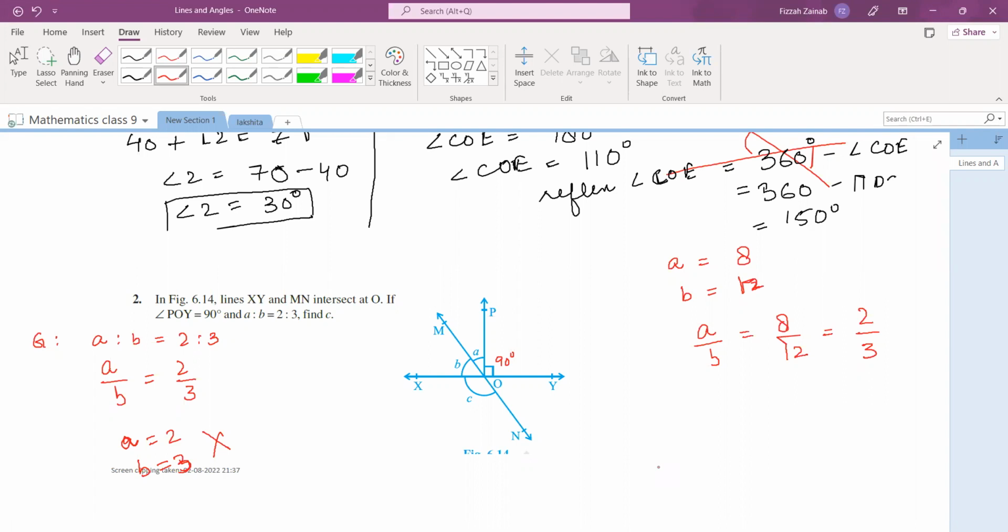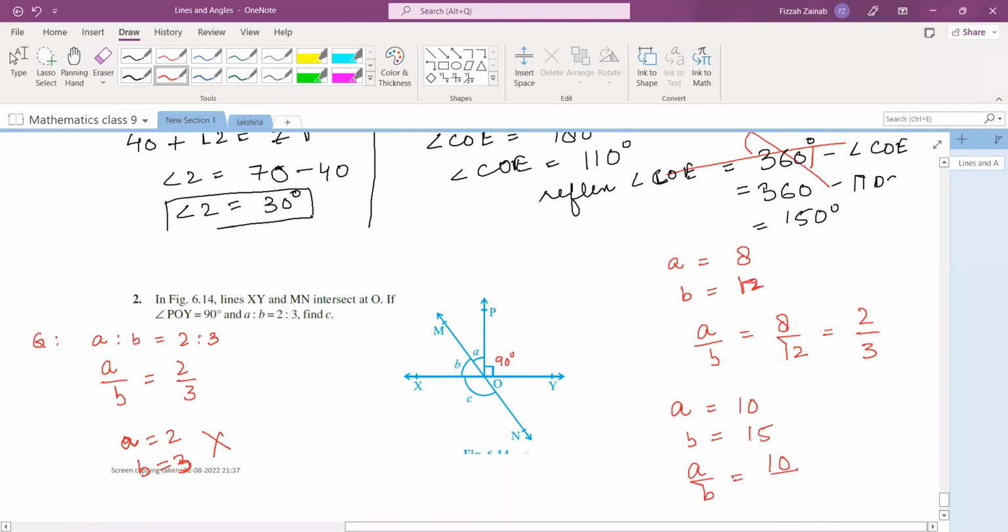So how can I say that A is 2 and B is 3? Also, if I have A equal to 10 and B equal to 15, you take the ratio A upon B. This is 10 upon 15, which is again 2 by 3. So A and B can have different values, but still the ratio can be 2 by 3. Getting the point?